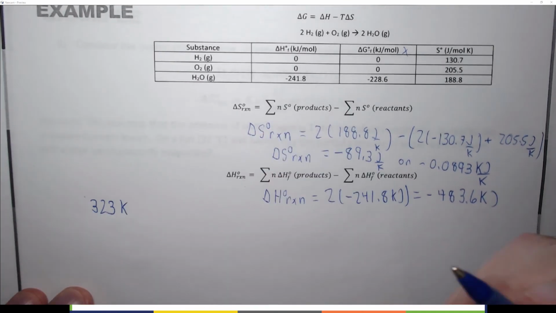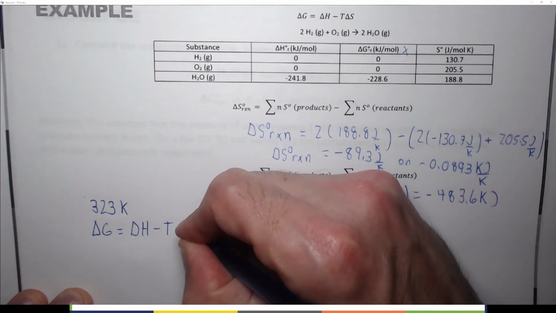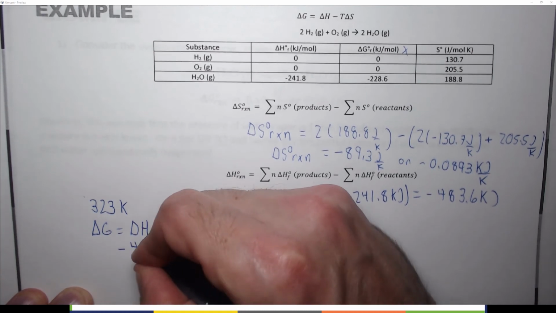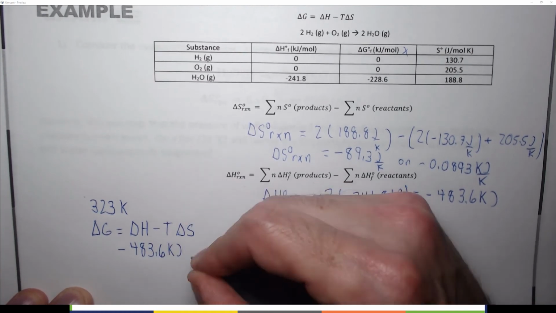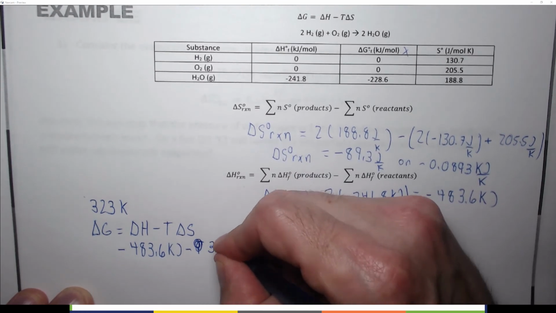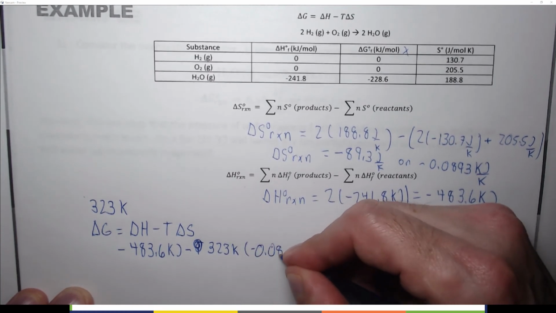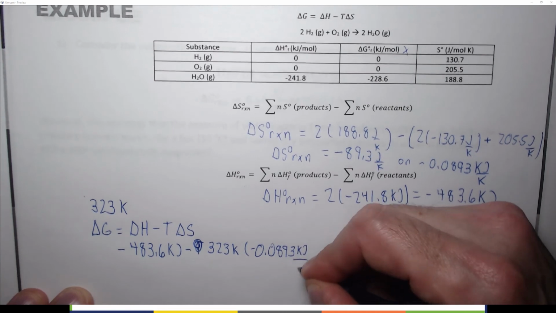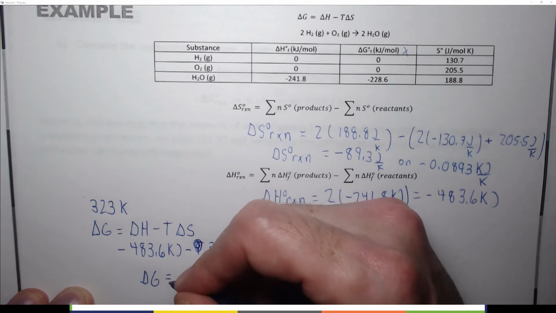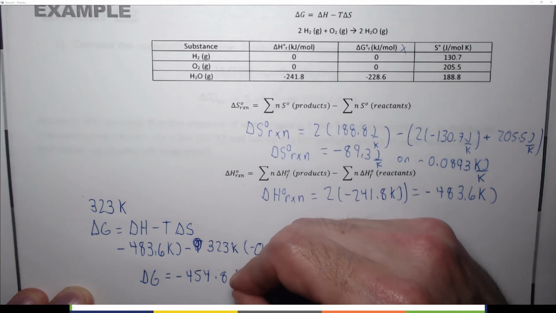So delta G equals delta H minus T delta S. In this case, delta H is minus 483.6 kilojoules minus T, which I know is 323 K, times delta S, which is minus 0.0893 kilojoules per K. And when I do that, I get that delta G is equal to minus 454.8 kilojoules.